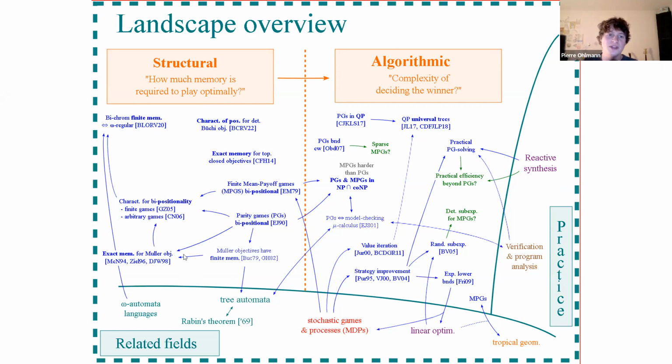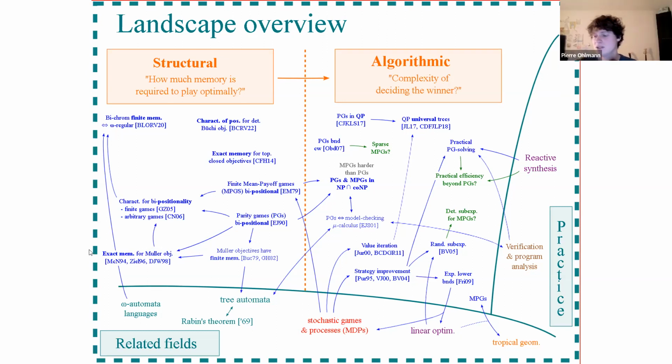Then this was further extended to a superclass of parity objectives, which are Mueller objectives. And people understood the exact memory. If you give me a Mueller objective, so this is a wide class of objectives, I can tell you exactly how much memory it requires. So what is a Mueller objective?